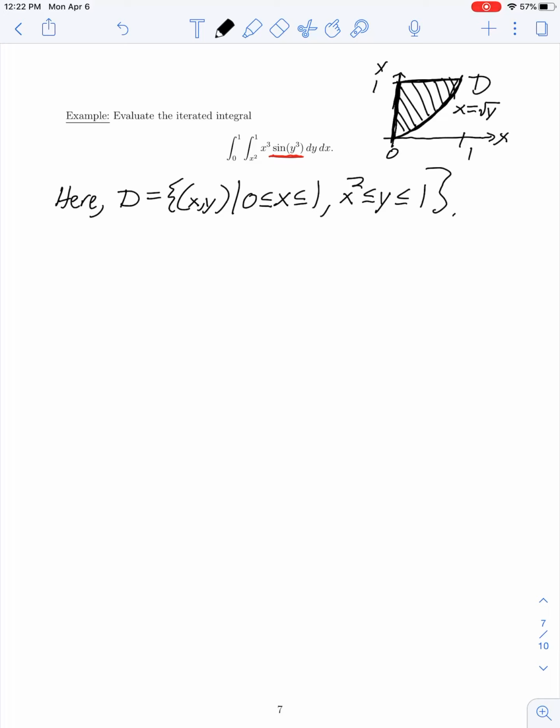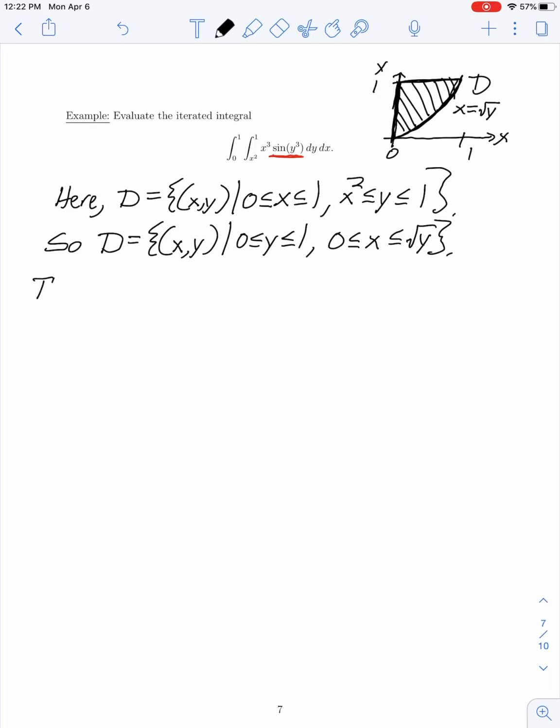And our y values are ranging between the constants 0 and 1. So another way to describe this region D would be as the set of all points x, y such that y ranges from 0 to 1, and our x values are bounded on the left by the line x equals 0, and on the right by the curve x equals square root of y.